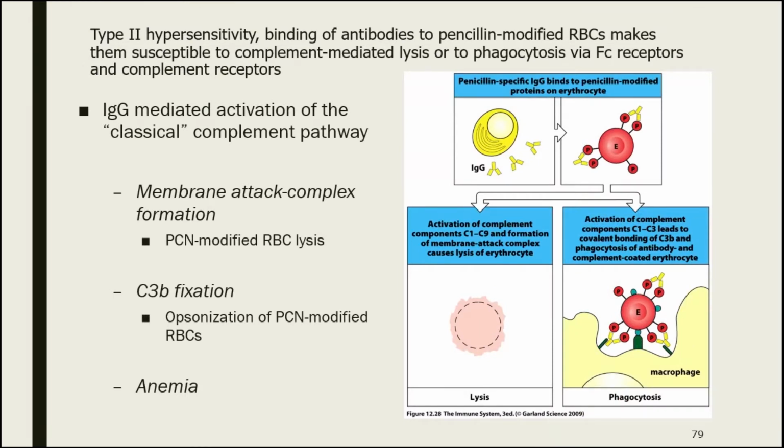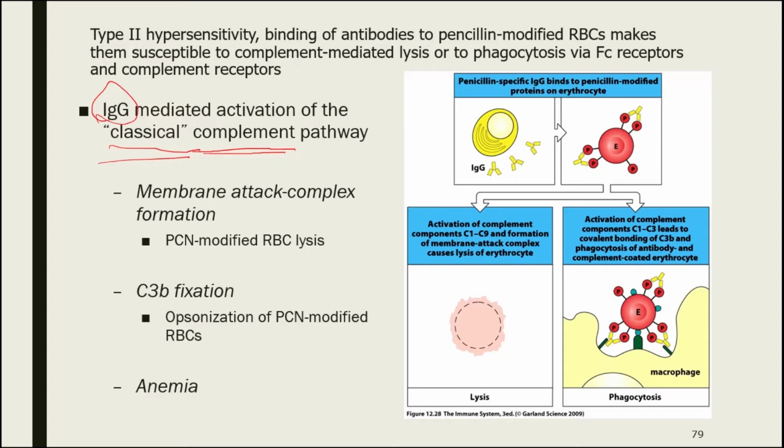Here are the consequences of the IgG production. It is a continuous story. The IgG being produced will lead to the classical pathway of the complement system, basically activation of complement C1 to C9, and then forming the membrane attack complex, so it will lead to cell lysis.